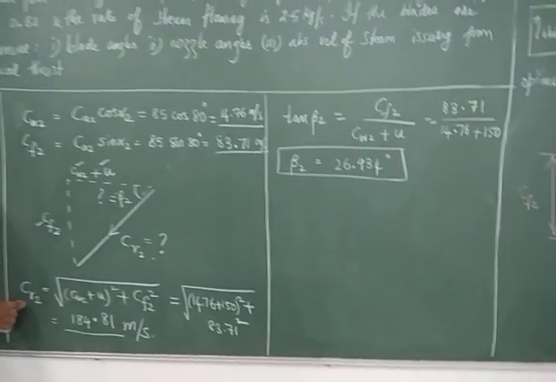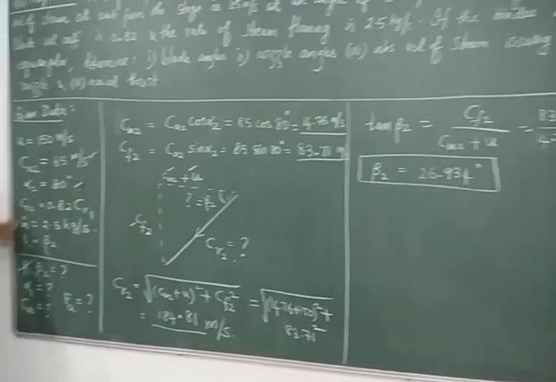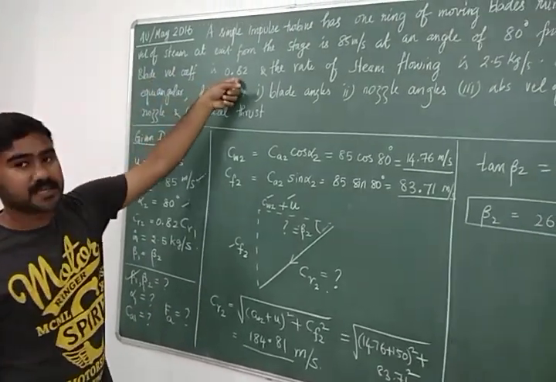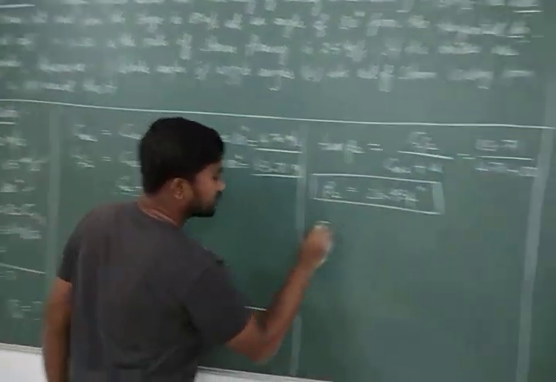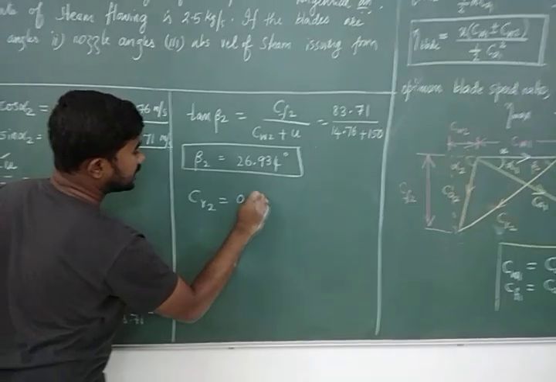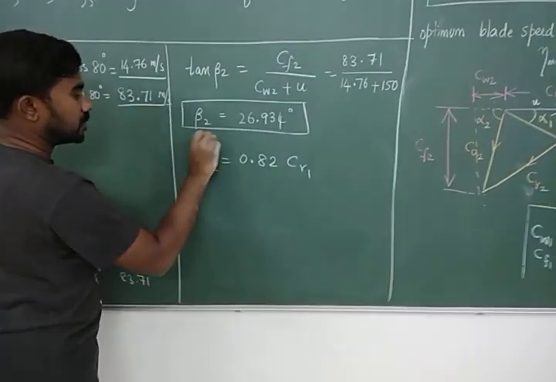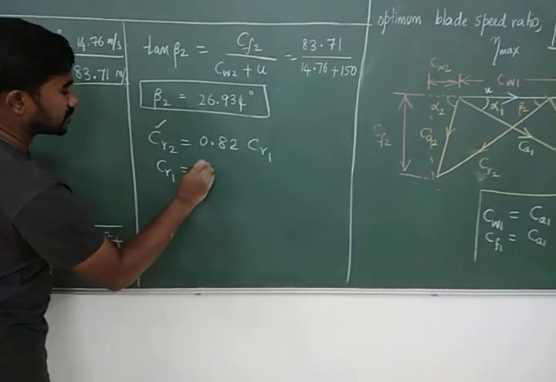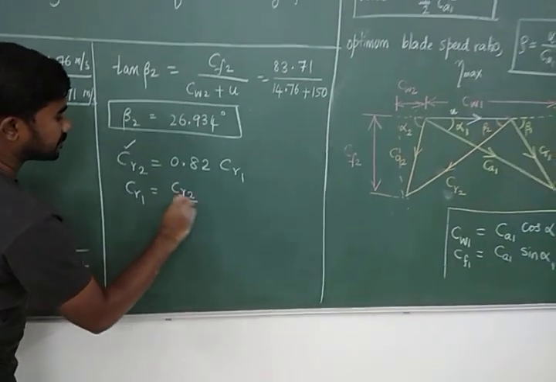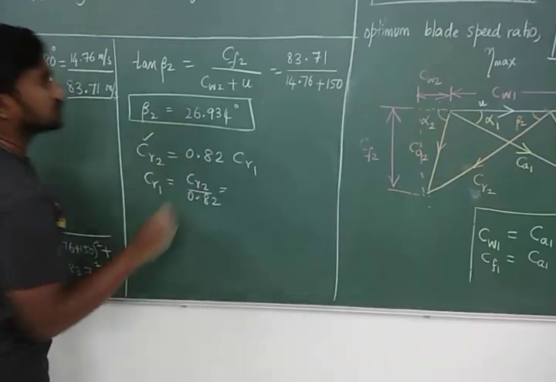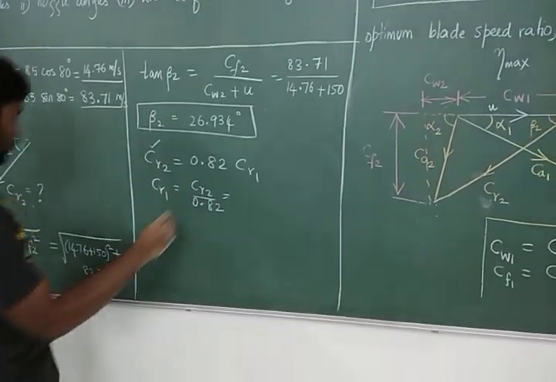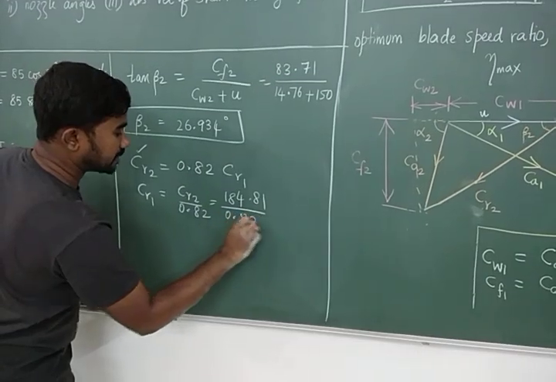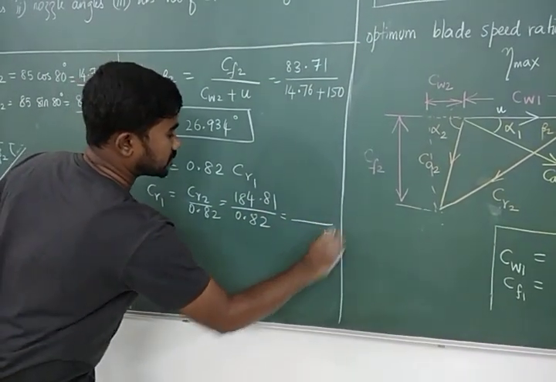Now, because you know CR2 and you are given CR2 equal to 0.82 CR1, you are given the blade velocity coefficient. So because you are given CR2 equal to 0.82 CR1, you have found CR2, you can find CR1. So rearrange, CR1 is CR2 divided by 0.82 and CR2 is 184.81 divided by 0.82.